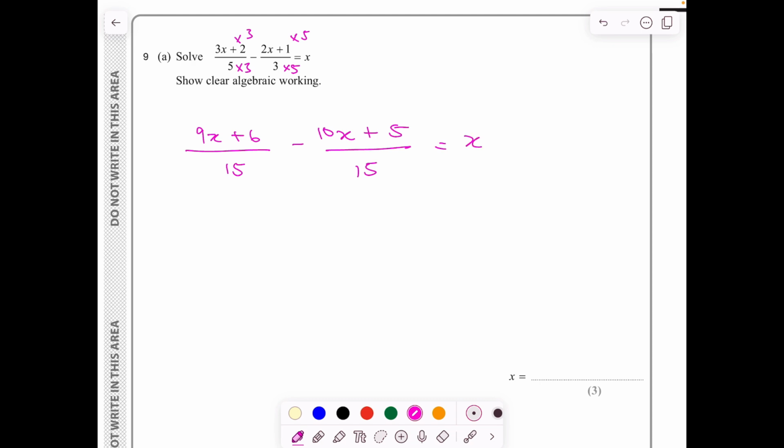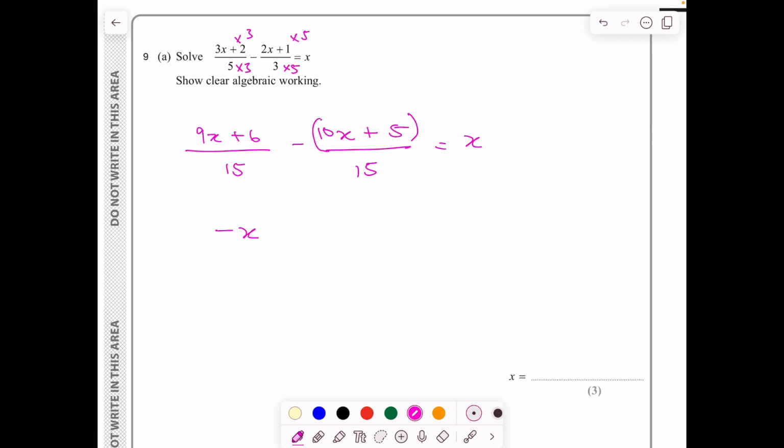Doesn't matter which one I do first. I can combine them and then get rid of the denominator. So I'll combine them. I've got to be careful with my signs because remember it's take away all of this. So 9x take away 10x is minus x, minus 1x.